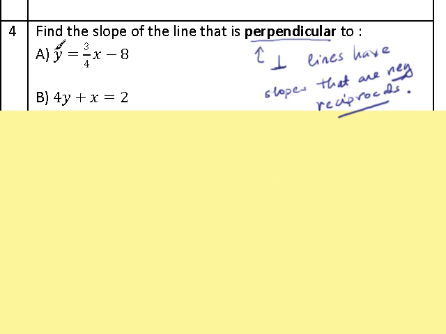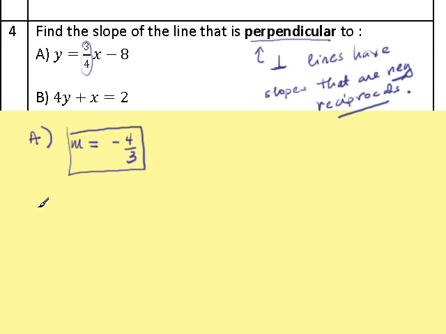All right, so let's start with A. We see that the slope of that line is 3 over 4. So let's just write down the negative reciprocal. And we have m is equal to minus 4 over 3. So that's the slope of a line that's perpendicular to this line.